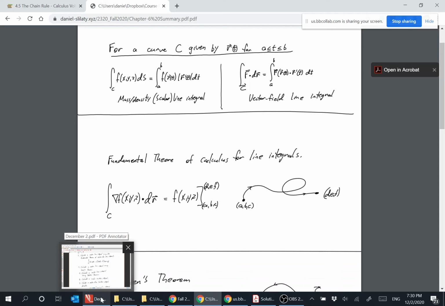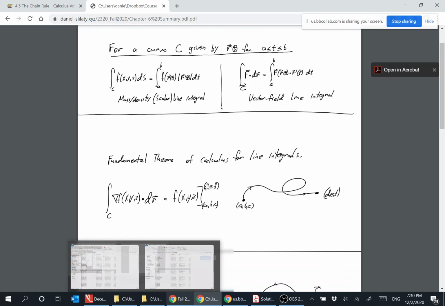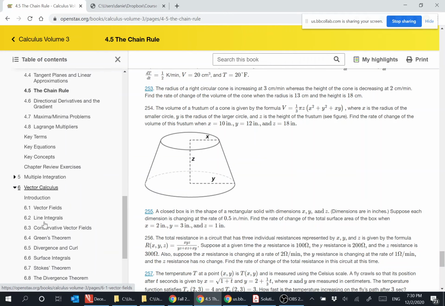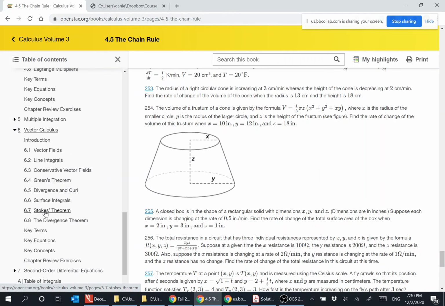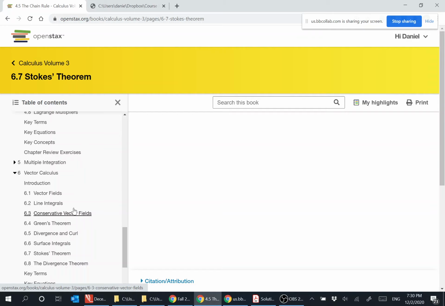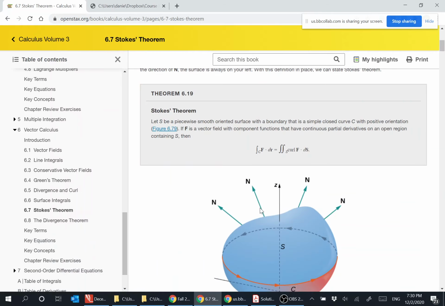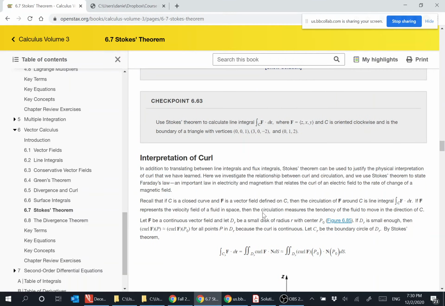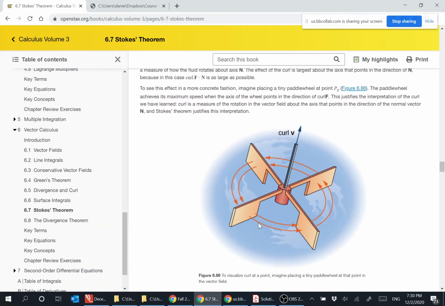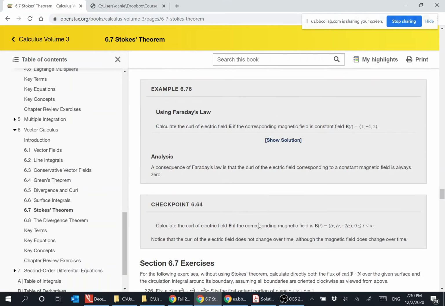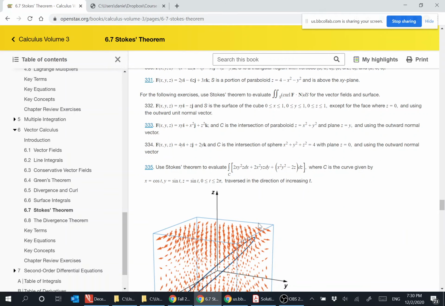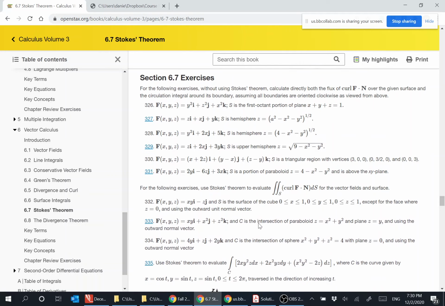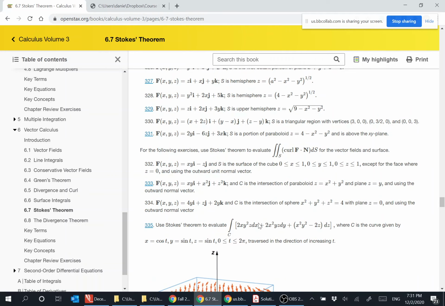All right. Here's my copy of the book. Stokes' theorem. So there were essentially two ways in which we used Stokes' theorem in this chapter.